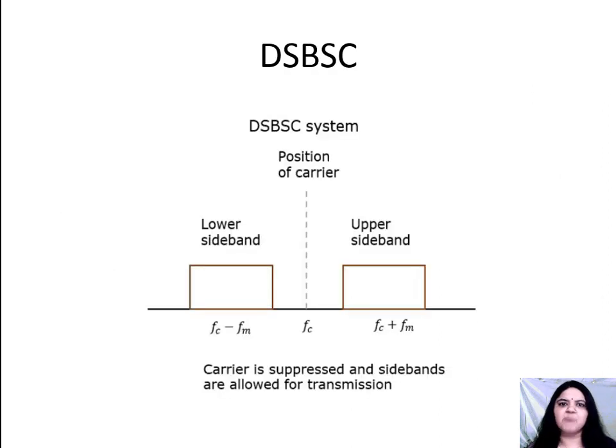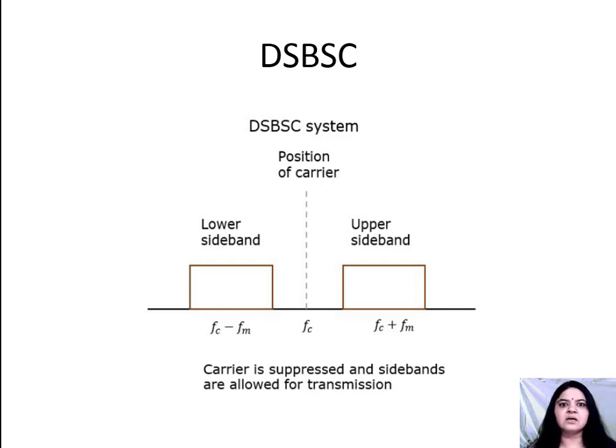It is the spectrum of the double sideband suppressed carrier, which consists of the lower sideband and upper sideband, and as we know that there is no information in the carrier, so we can suppress the carrier and we can save the power in the transmission. So the carrier is suppressed and sidebands are allowed for the transmission.